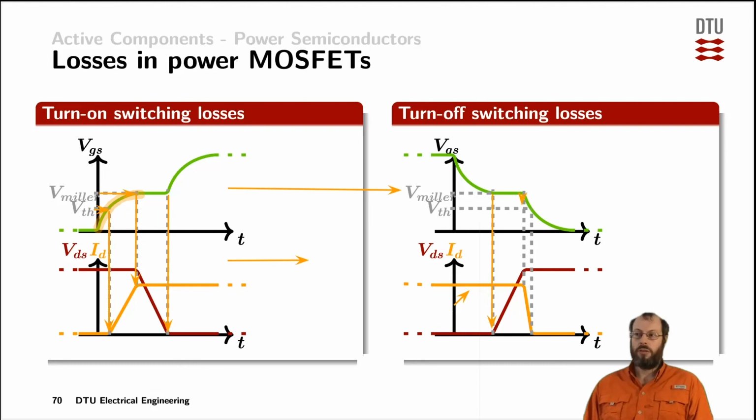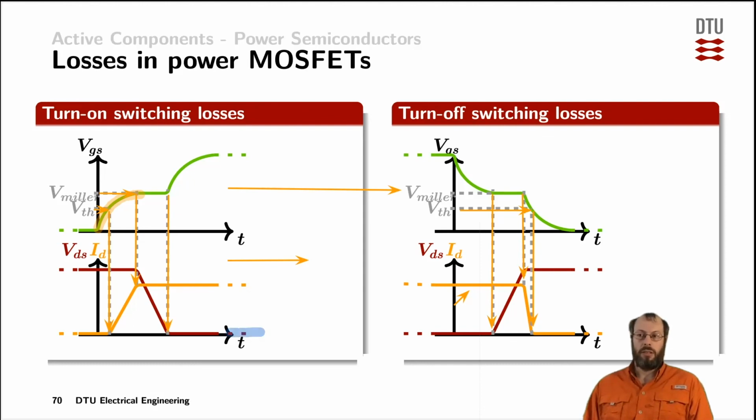Towards the end of the Miller plateau, the drain source current starts to collapse, and only when actually reaching the threshold voltage on the way down through the exponential functions, the conduction time of the MOSFET is over, and we are fully blocking the voltage while not conducting any current anymore.